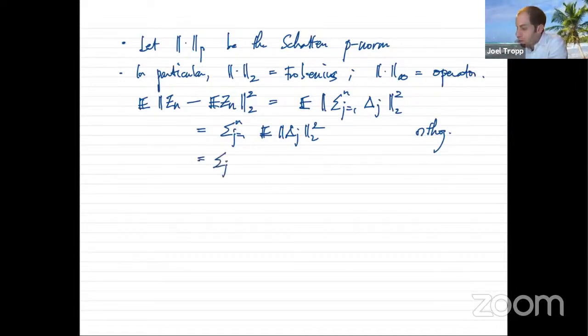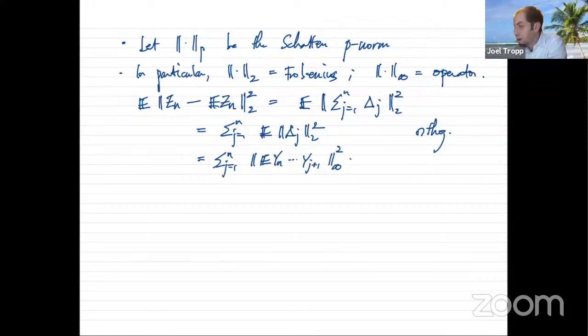And we can write this out to get a better picture about what's happening. So the first term is the product of yn down to yj plus 1 under an expectation, operator norm squared.